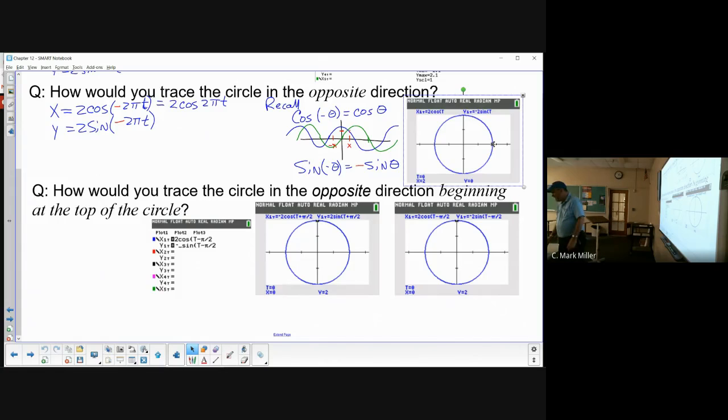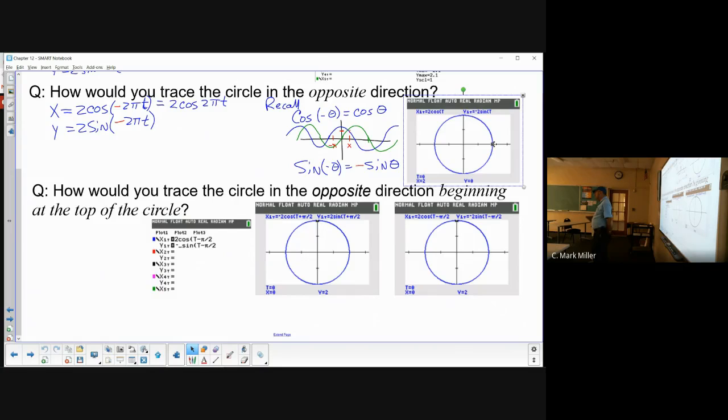So now, what am I doing? I want to start at a different place. I want to start up here. Now, t was, depending how I did it, before I put the 2 pi in, my number of radians.